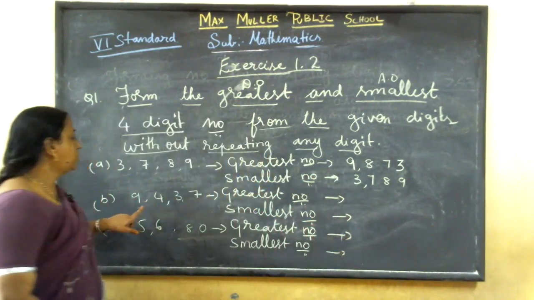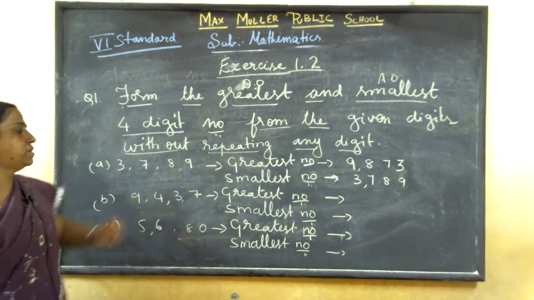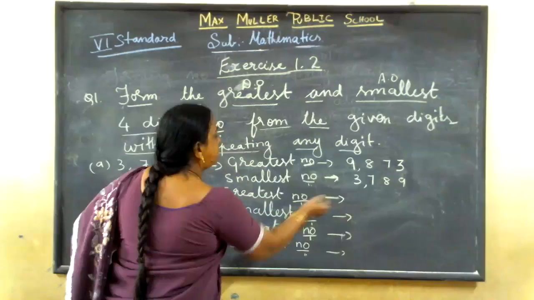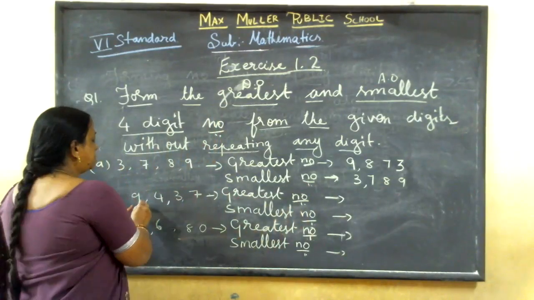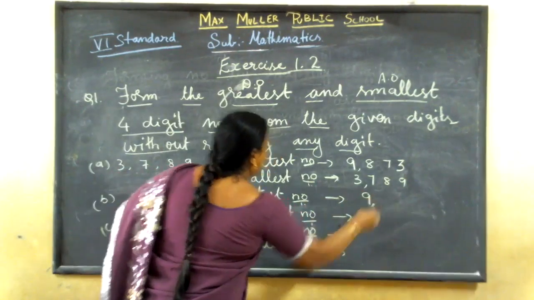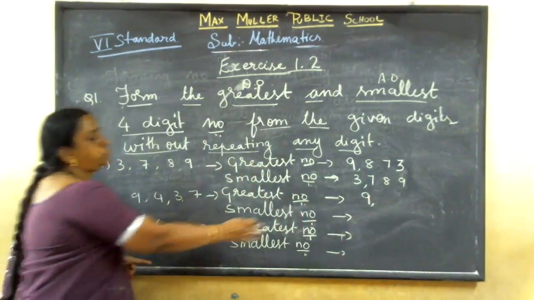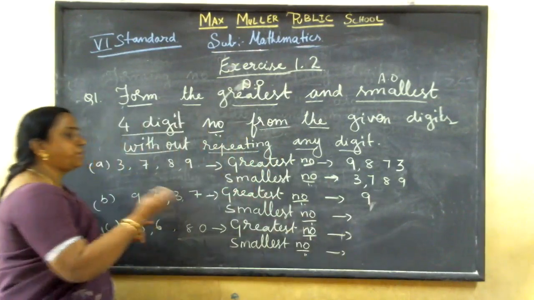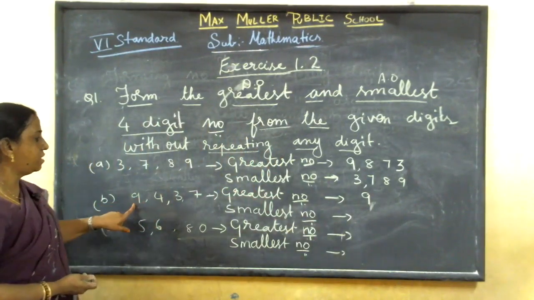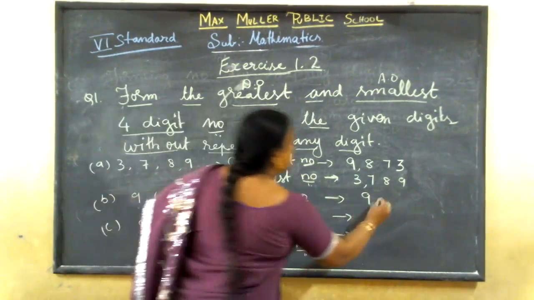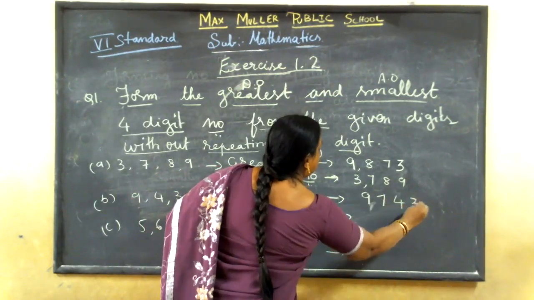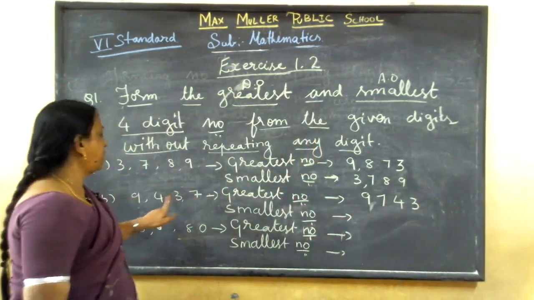Yes. Now we'll go to 9, 4, 3, 7. So here, the greatest number is in descending order, bigger to smaller. So 9, then, no need to place a comma while writing this. Afterwards, according to the period, you should place the comma: 9, 7, 4, 3.